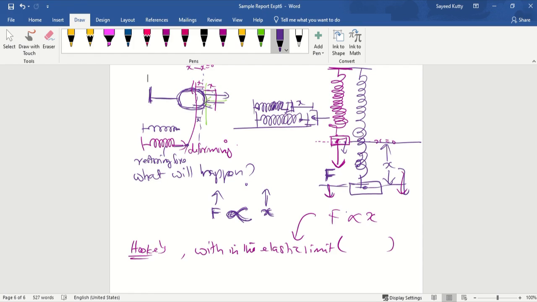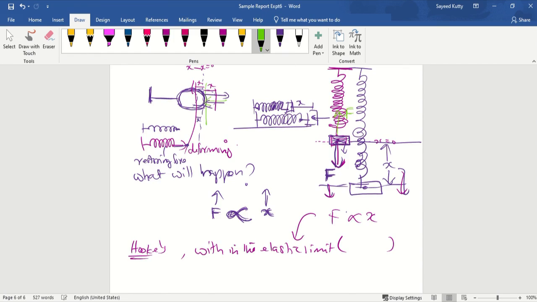So what happens here? We know that the deforming force and the restoring force are equal, but opposite. Now look at this. We are talking about the restoring force. Here the restoring force and the deforming force are equal in magnitude, within the elastic limit. Imagine if the deforming force is in this direction, the restoring force will be in this direction in the spring.